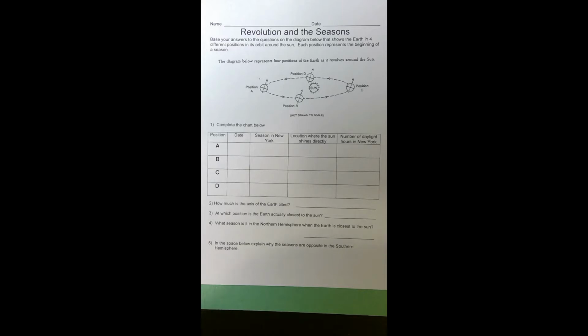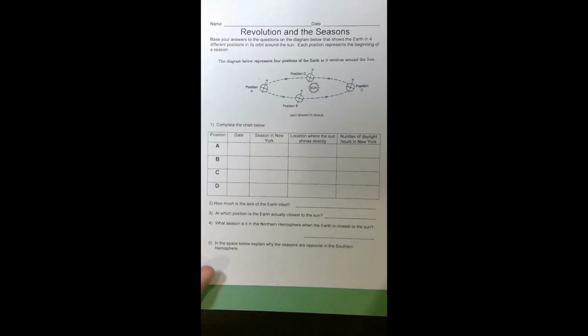The major factor that determines that the Earth has seasons, though, is that the Earth's axis, as you can see in all four of the positions, is tilted. And the degree that it's tilted by is 23.5 degrees. You're going to see that number, 23.5, crop up all over the place.